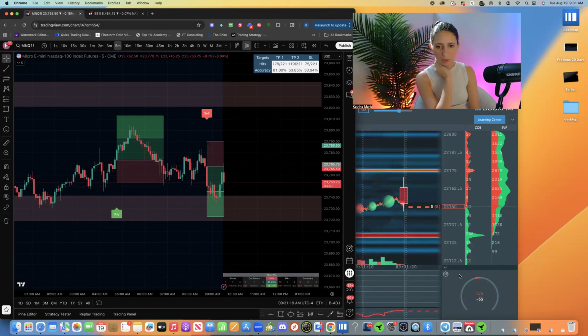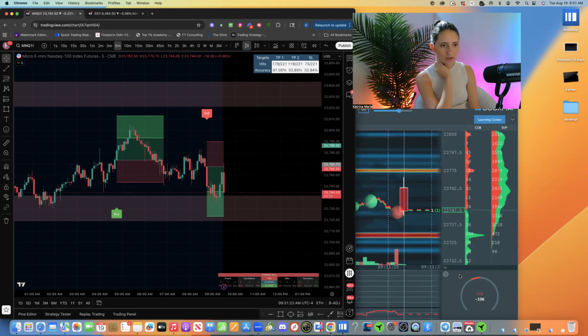So let this candle play out. But you can kind of see how it reacts to different areas.